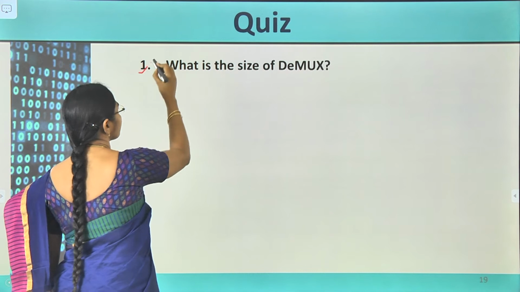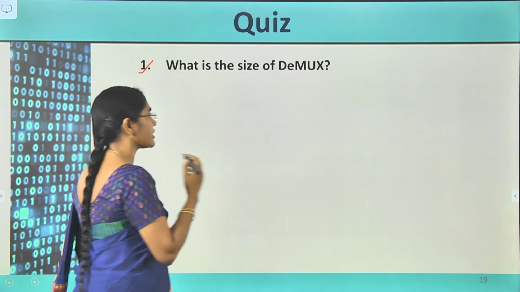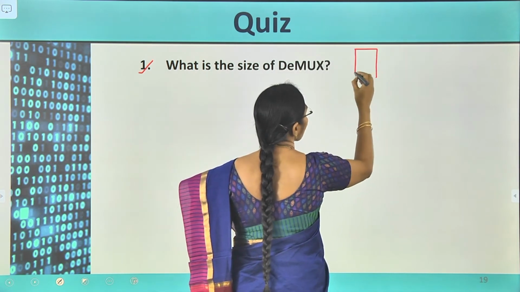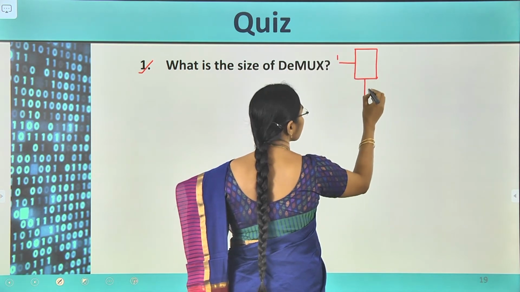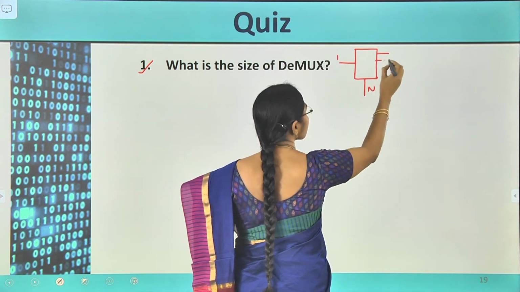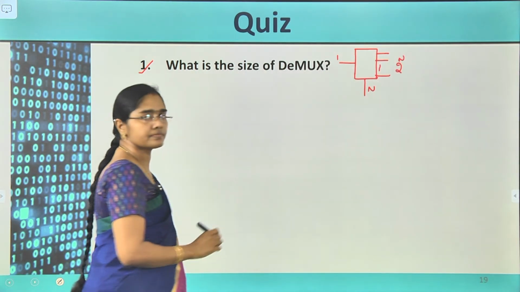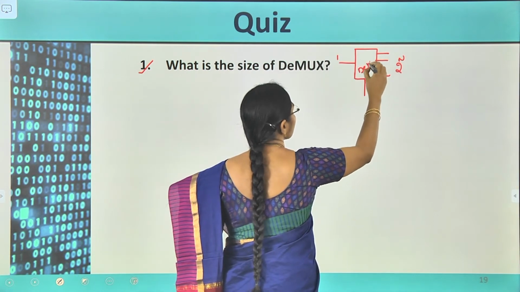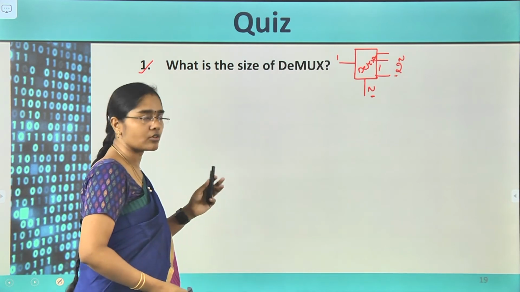What is the size of the demultiplexer? It is a very important question. How are we representing the demultiplexer? Always using one input with n selection signals and 2 power n outputs.